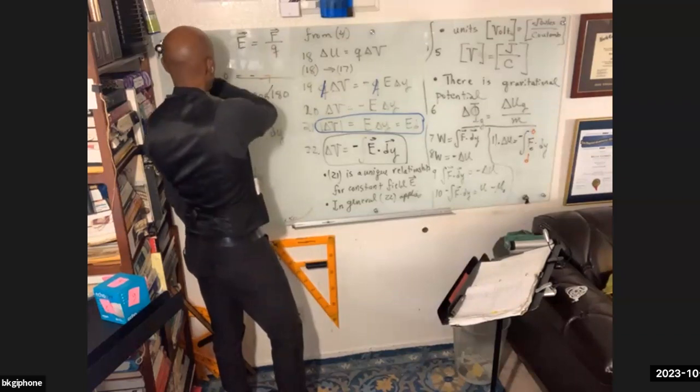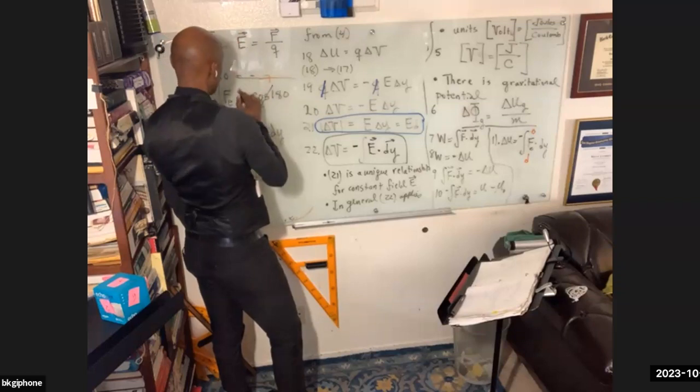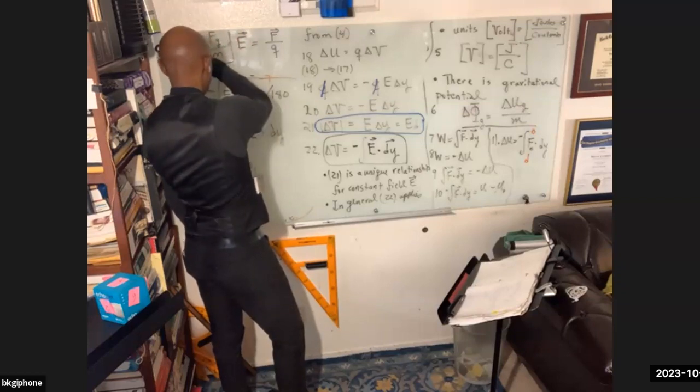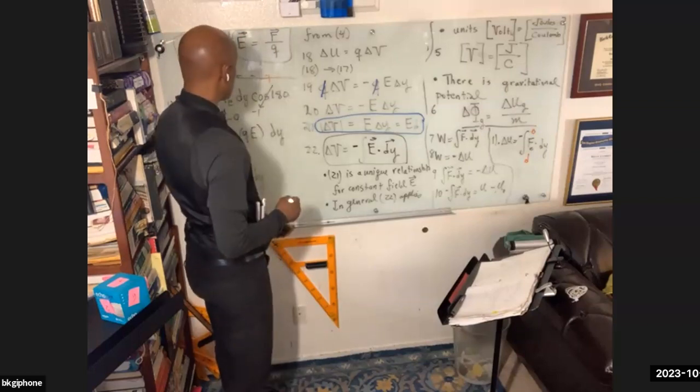And for gravity, it's going to be the force of gravity divided by mass. So those are the direct relationships between the force and the field for the conservative fields that we're familiar with.